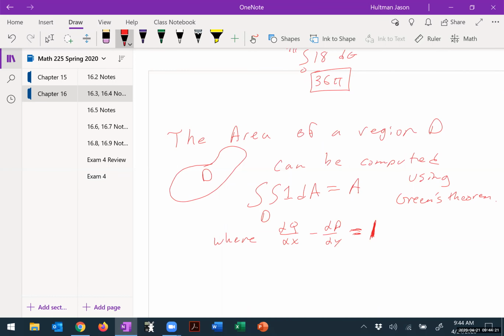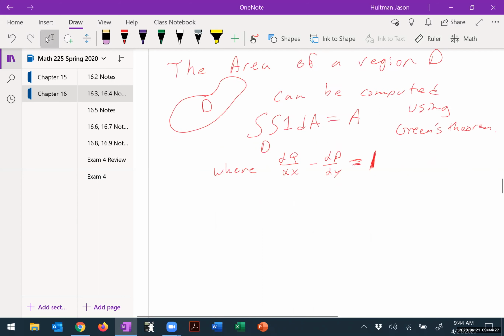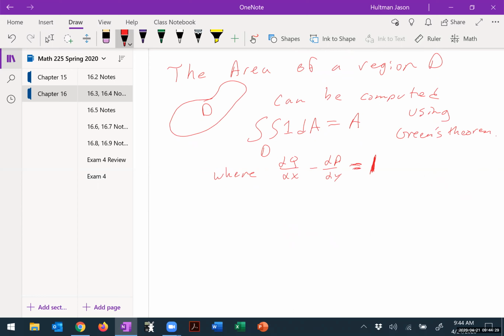There's a couple of ways to get this to be equal to 1. A couple of the easiest ways are to just have a function involving x. So we could have a line integral that involves only x dy. There's no dx term, there's no P term, there's only a Q term, and the partial of Q with respect to x is going to go to 1.